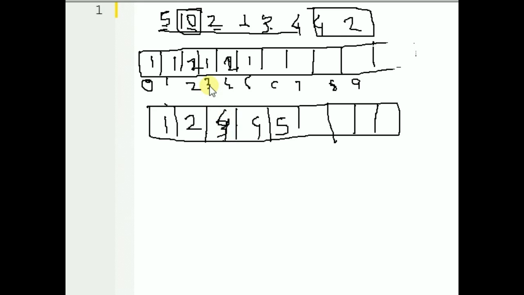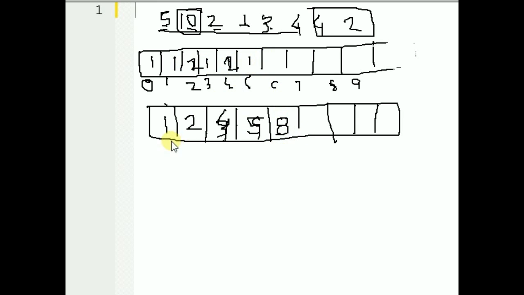The number of elements less than or equal to 3 becomes 4 plus 1, 5. So it would be 5 here. And the number of elements less than or equal to 5, it would be 2 3 4 5 6 7 and 1, 8. So it will be 8 here.